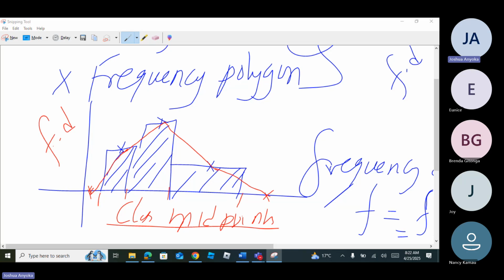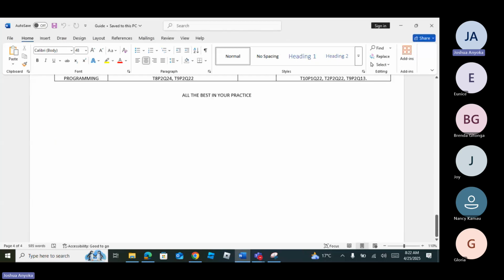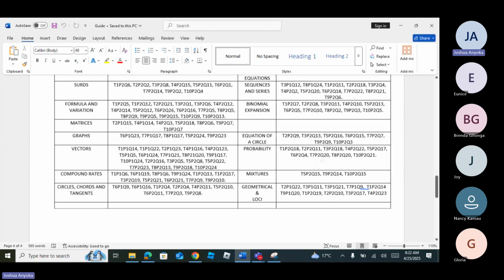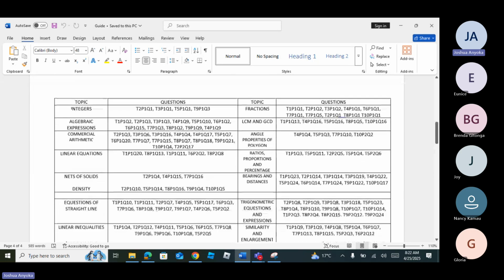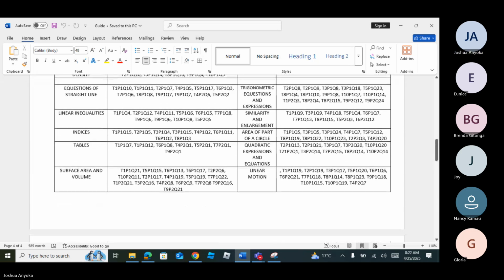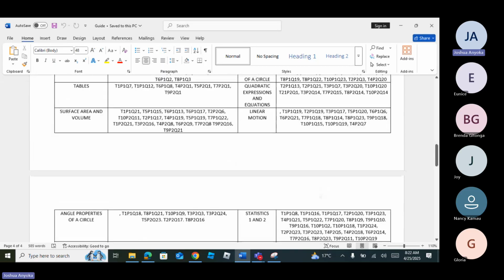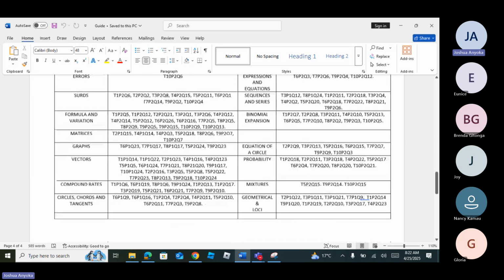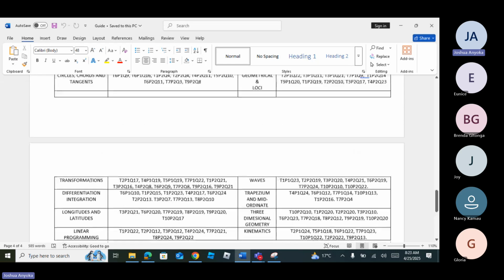First question. We are going to concentrate on paper 1, mostly statistics 1, it is in paper 1. So let's focus more on paper 1.